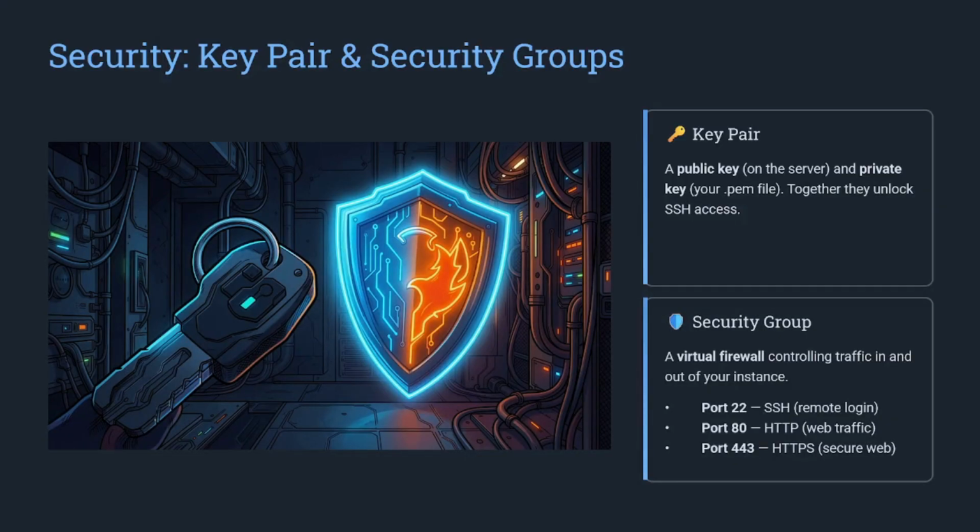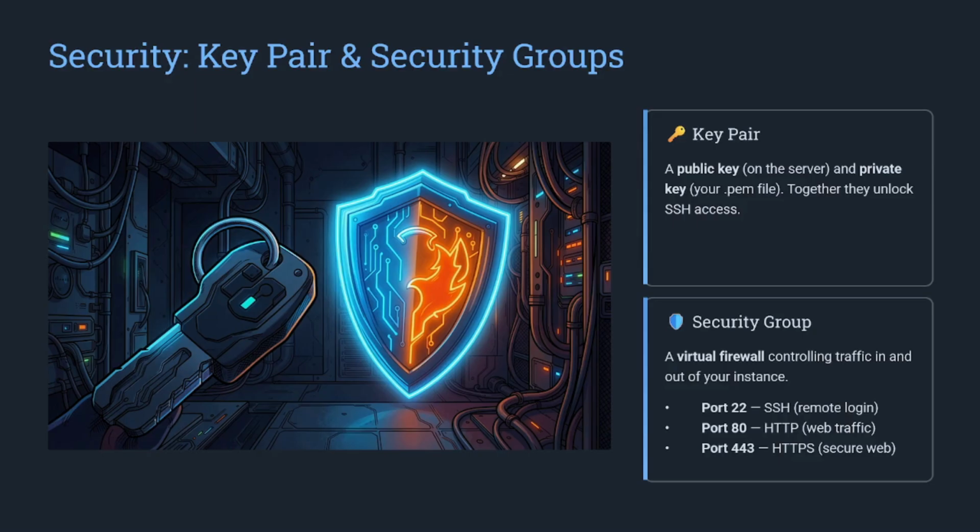Key pair and security group. Now let's understand two very important security concepts. First is key pair. This works like a secret digital key used to securely access your server. AWS gives you a private PEM file and you must keep it safe because without it, you may lose access to your instance. Next is security group.